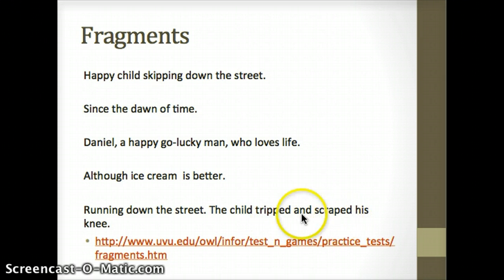So that can stand on its own, but running down the street is not a complete sentence. It's lacking a clause, so it needs a subject verb to attach to. So you could just have running down the street, comma, the child tripped and scraped his knee. So that makes much more sense, and we don't have a fragment in our writing.